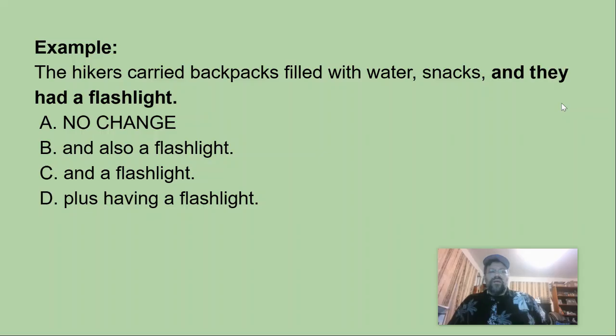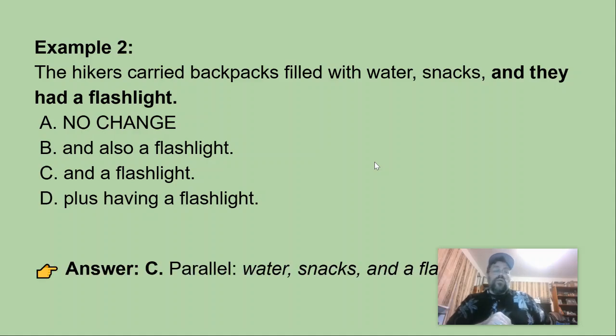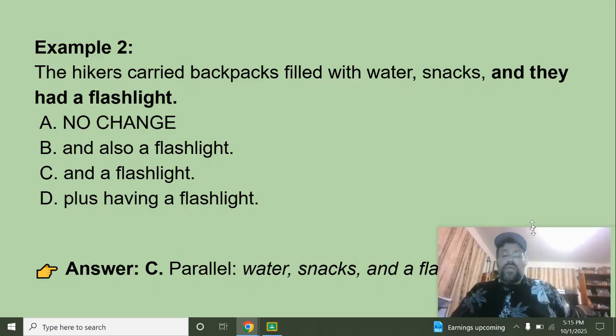"They had a" is going to be adding more to it. If you narrow it down, you see it now that C, "and a flashlight," fits that parallelism where they just had water, snacks, and a flashlight, not extra stuff in there. So that's where you get with C. Parallel, water, snacks, and a flashlight.